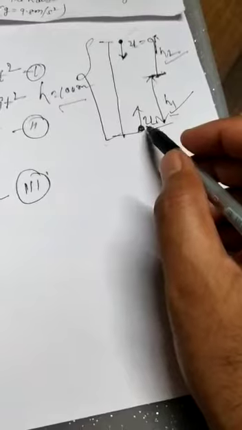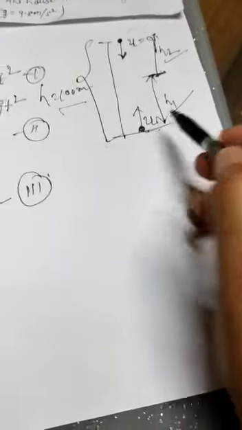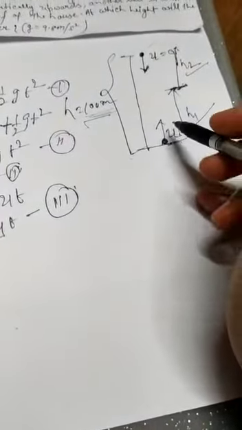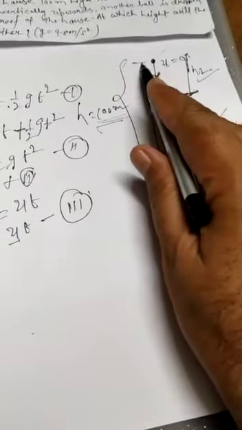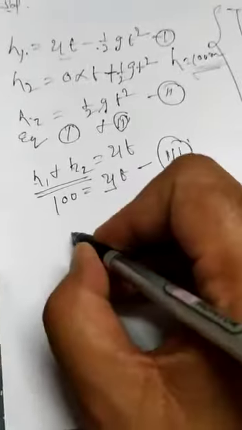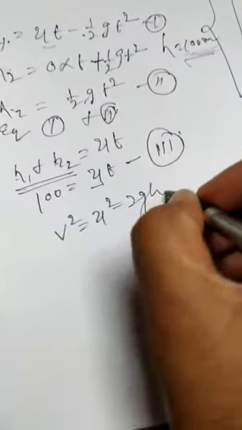The first ball covers the particular height of 100 meters, and the final velocity becomes 0 at the top of the building. According to the third equation of motion, v squared equals u squared minus 2gh.